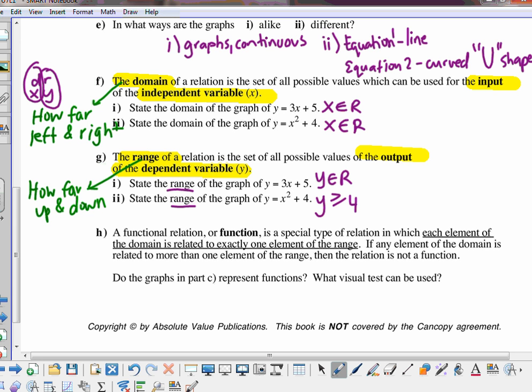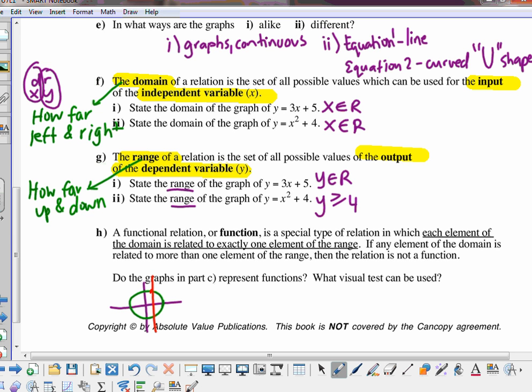A functional relation, or function, is a special type of relation in which each value in the domain has only one value in the range. Remember when we did graphs last year, and if we had a circle, we asked, is it a function? We did a test. Remember what that test was? We drew a vertical line, the vertical line test.